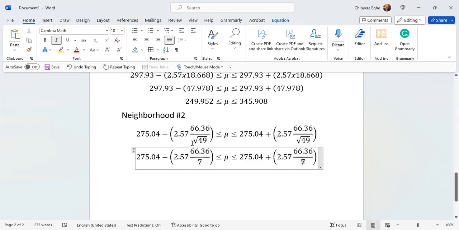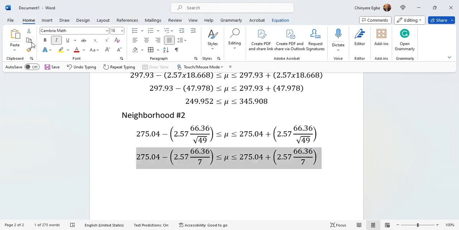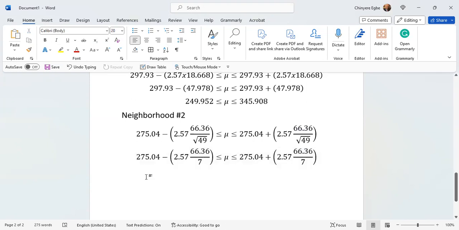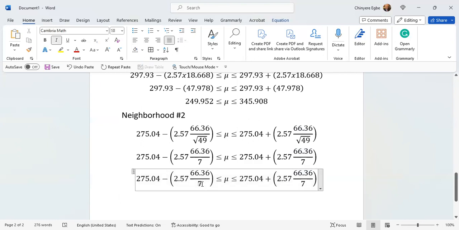And so we take that. So what is 66.36 over 7? It is 9.48.